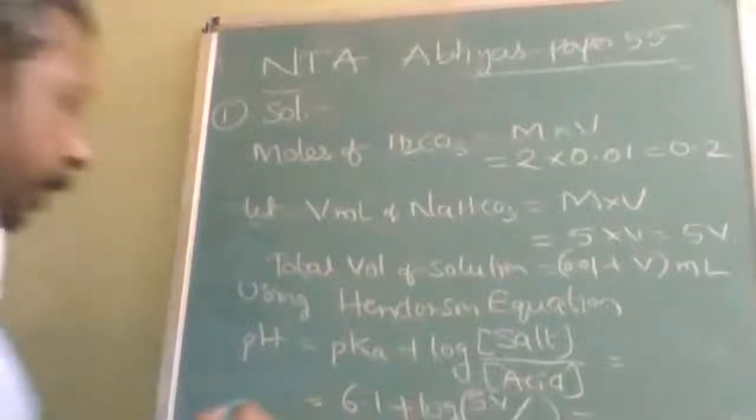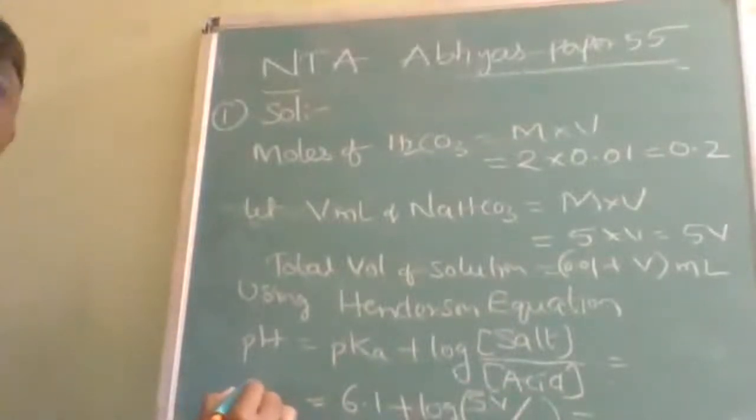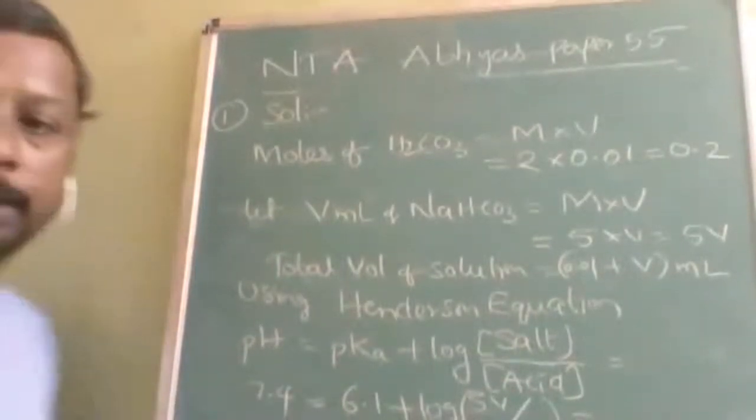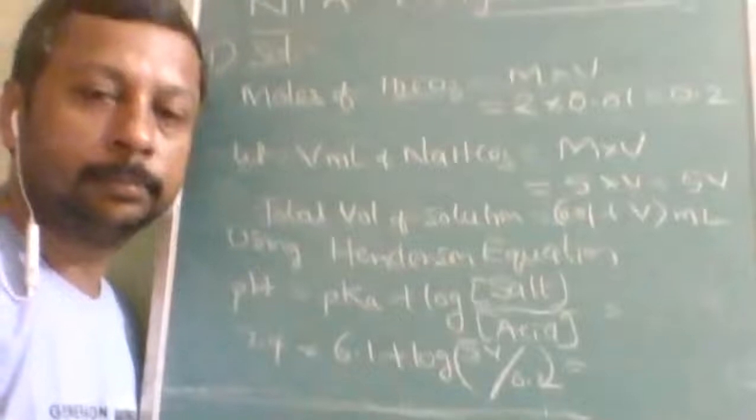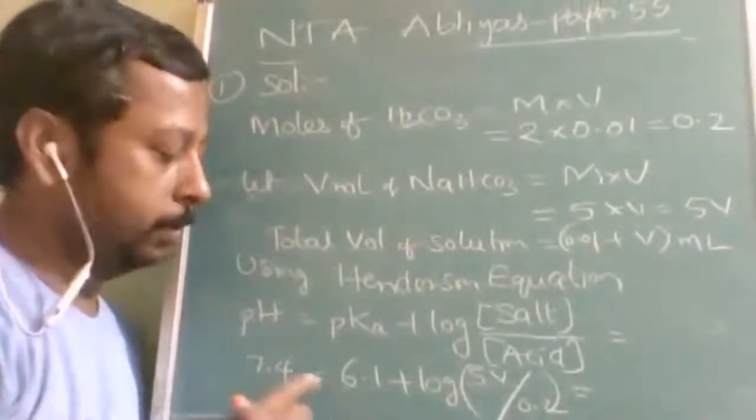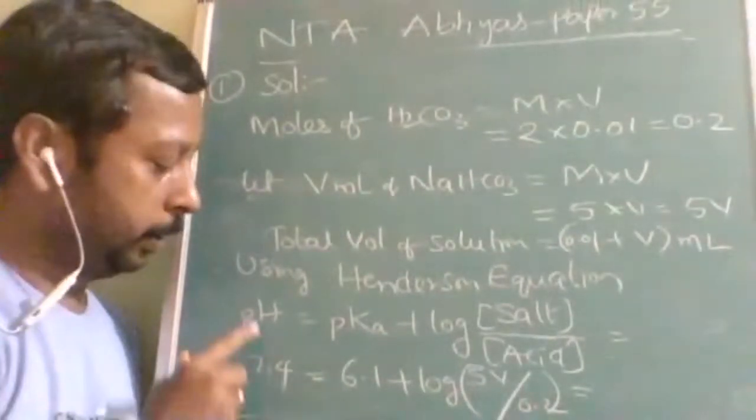On simplifying, pH is already given as 7.4. Why have I not written this? Is it understood? This 7.4 is already given, pK is already given, and the log of salt concentration actually should be 5V divided by the acid concentration 0.2.